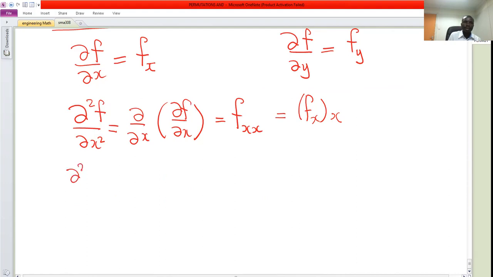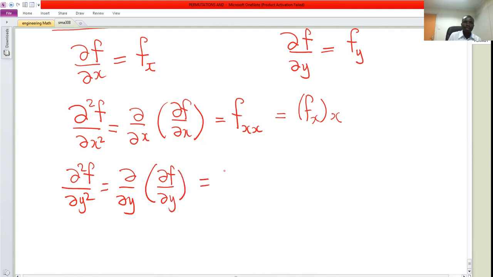And then partial squared f partial y squared is partial y of partial f partial y, which is the same as saying f sub y and then y.